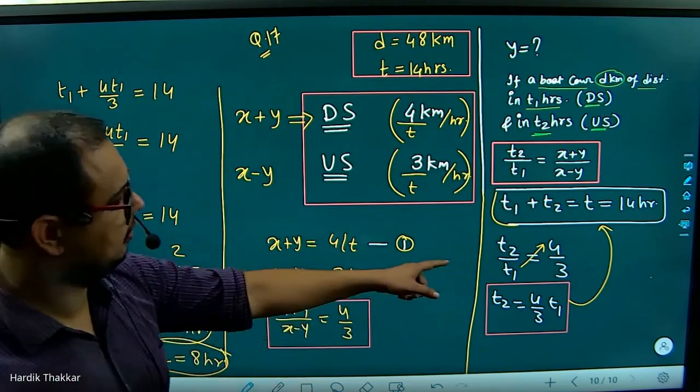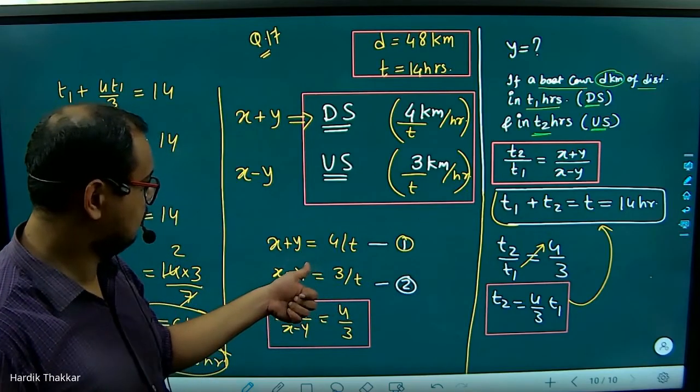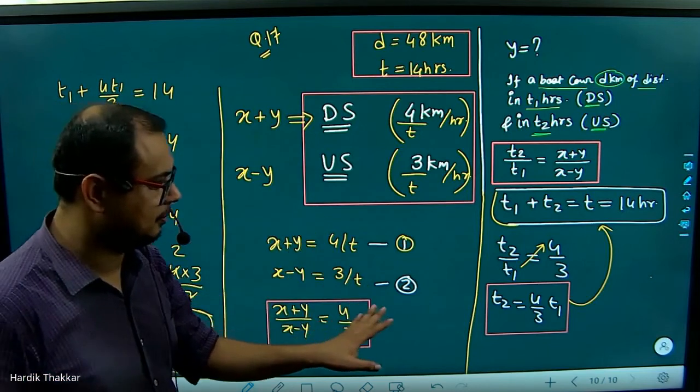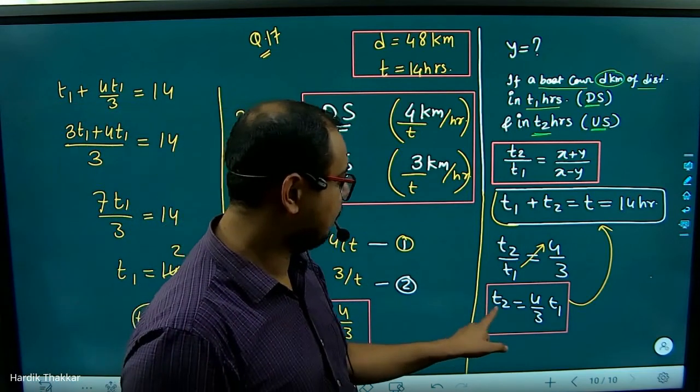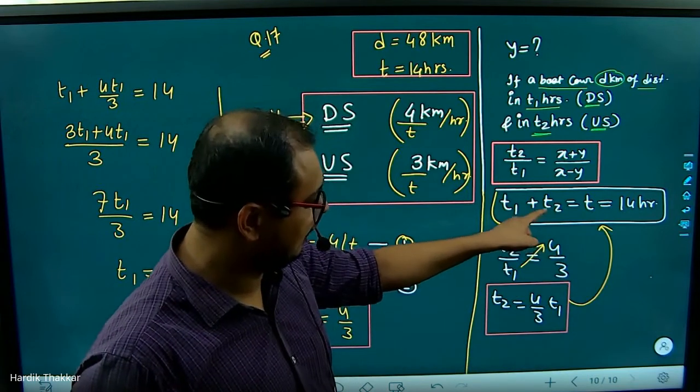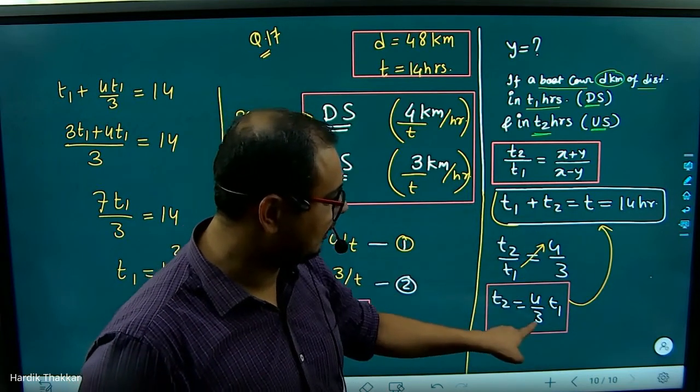This one. Sir, on your left. Sir, the other side. That t1 plus 4t1 upon 3. Yes. So like we should have written it as... I have just applied the substitution approach. We had found t2 in terms of t1 here, and I just put t2 as 4 by 3 t1 here.